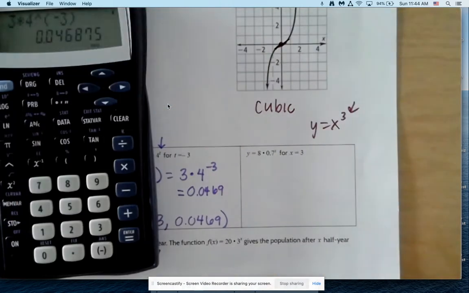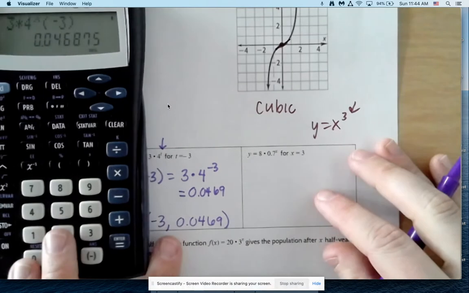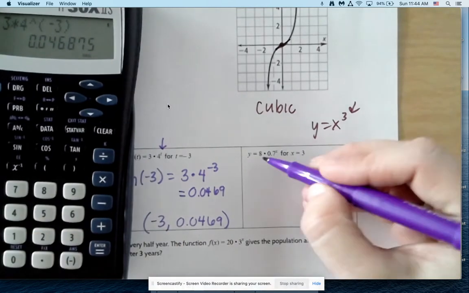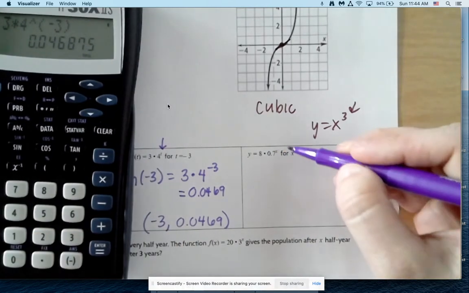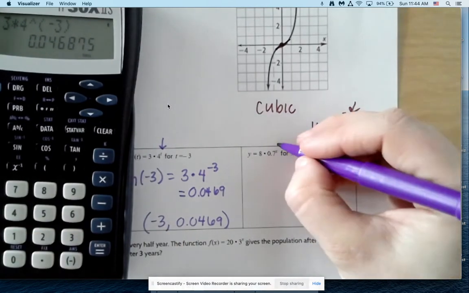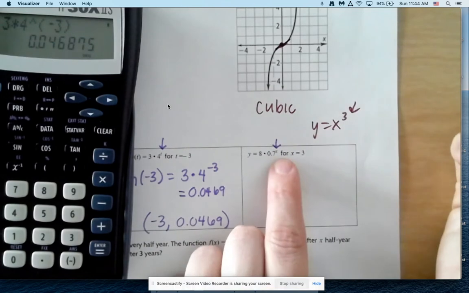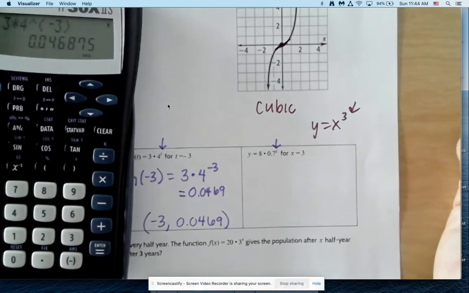And then our last one of this type of example, we have y equals 8 times 0.7 to the power of x. Do you guys notice how our variable is in the exponent spot? So it's exponential.